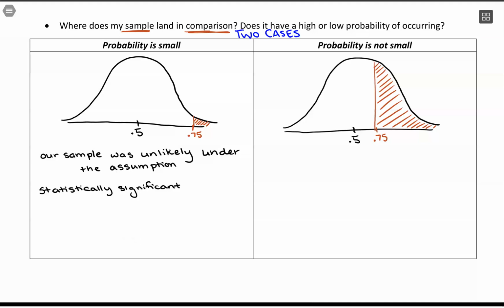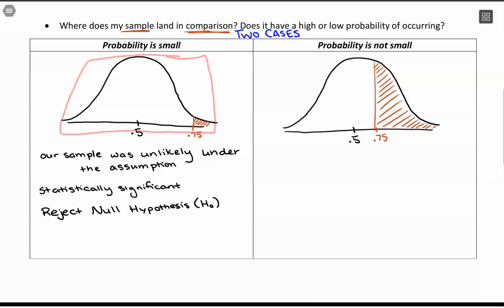So the phrasing we'll use is we say we reject the null hypothesis. We're going to reject that null hypothesis because essentially what's happening here is the curve that we drew here represents the null hypothesis, and we saw something pretty much impossible underneath that curve.